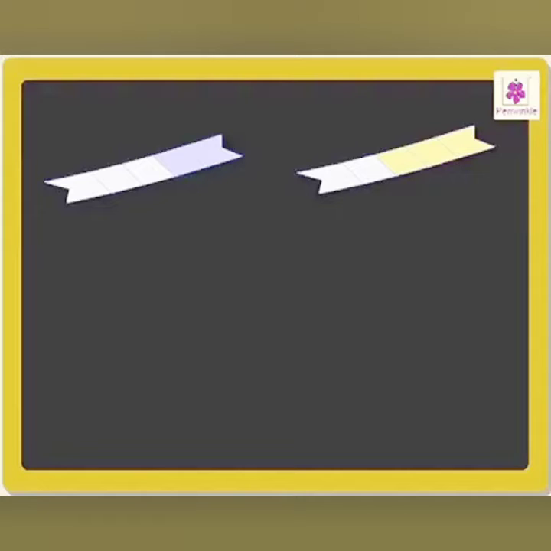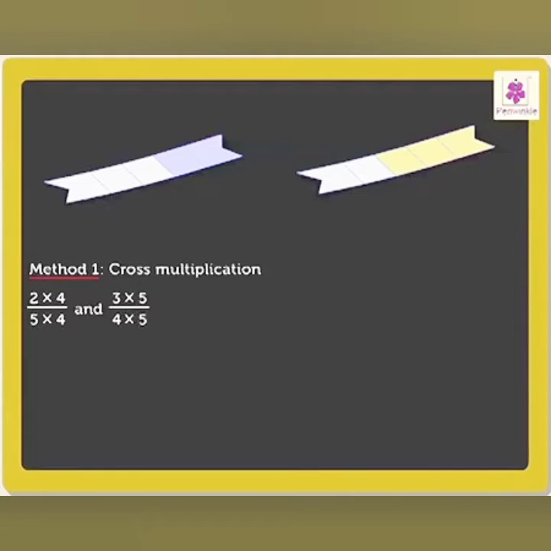One method for comparing such fractions is by cross multiplication of numerators and denominators. Thus, we get 2 multiplied by 4 upon 5 multiplied by 4 and 3 multiplied by 5 upon 4 multiplied by 5.